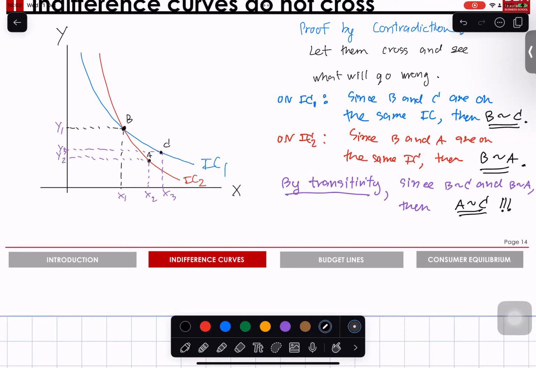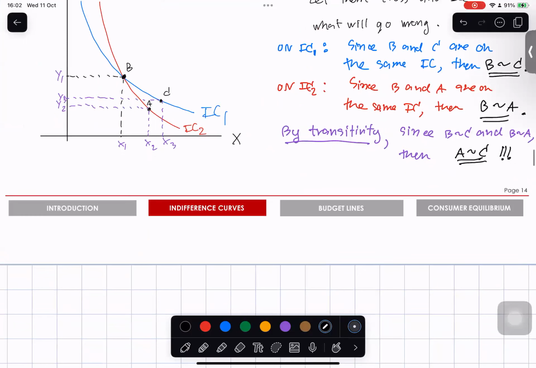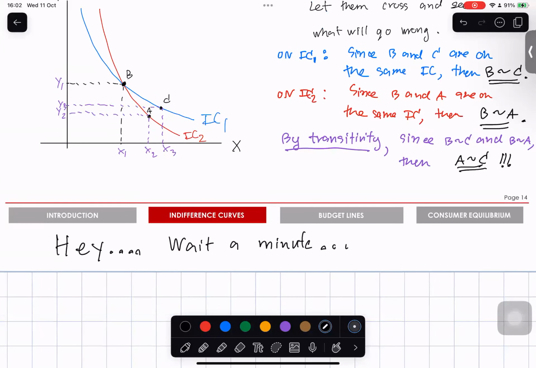This is the statement that we got here. Another person comes and says, wait a minute.